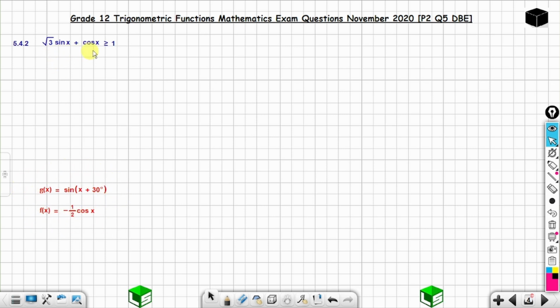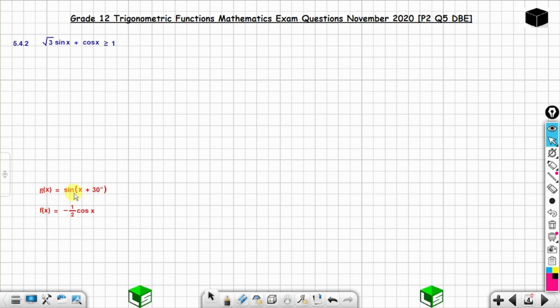With what we are given, you can see this does not look anything close to any of these equations. So what you can do is rearrange or manipulate this and try to end up with one of the equations that you have. You can see sine of x plus 30 degrees.